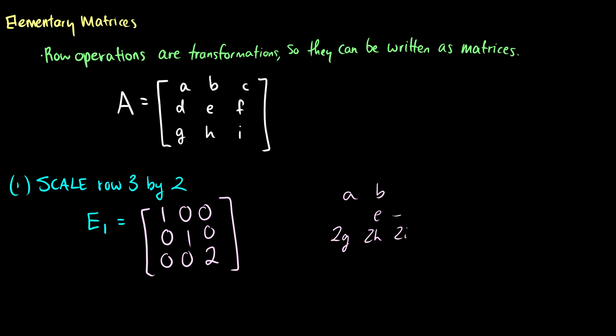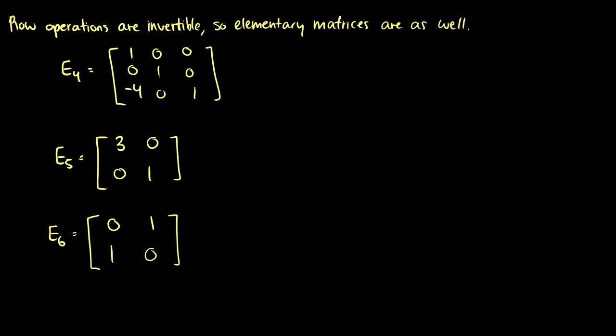I'm going to show you a few examples of the operations and how we get our matrices. Because these row operations are invertible, we know that these elementary matrices are invertible as well. So let's take a look. What does E4 do here? What is this row operation? We have 1s in all the diagonals, so it's leaving the rows alone.